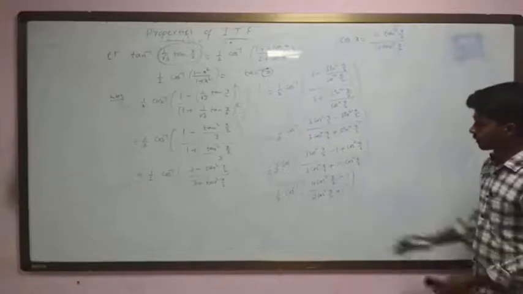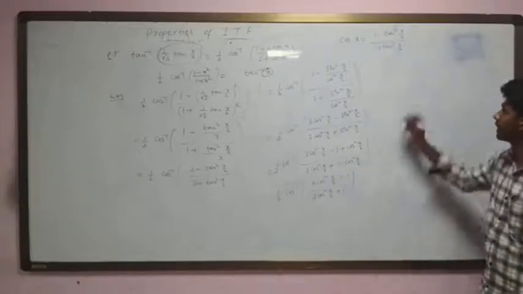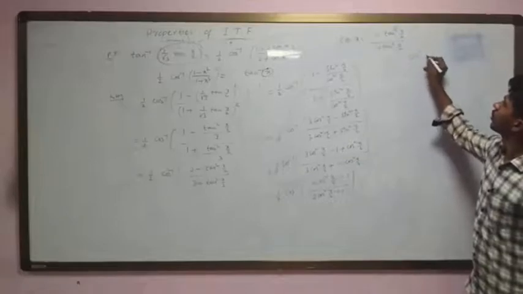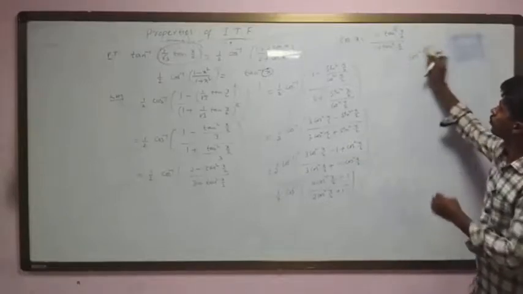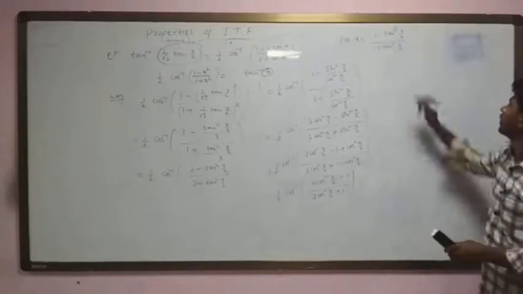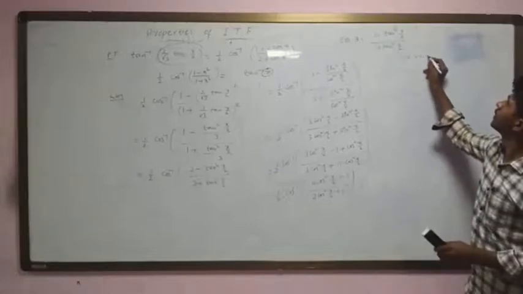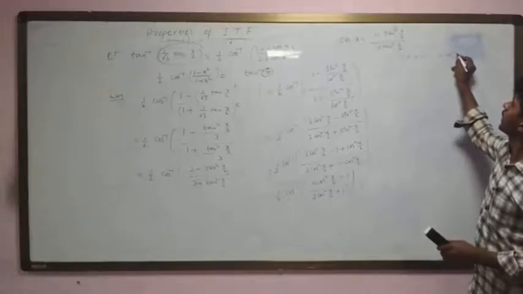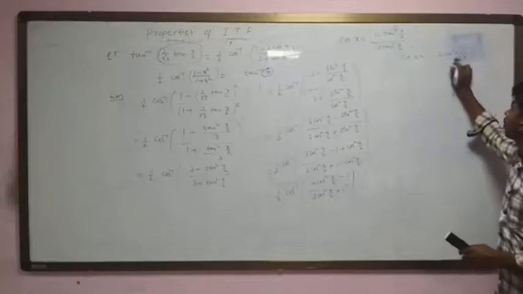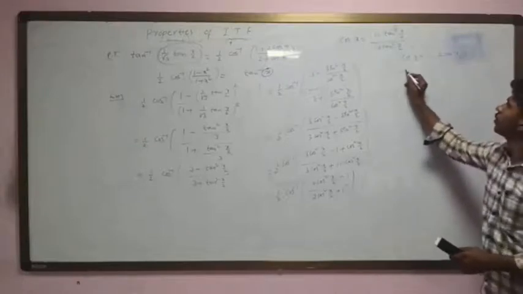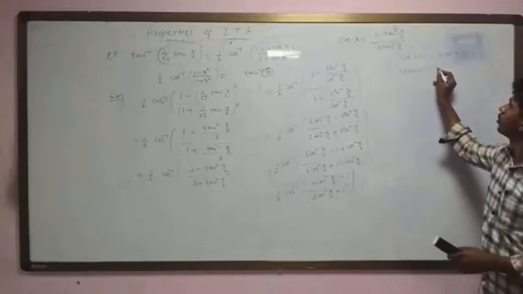So I go to the cos square x and cos x relation. Cos 2x is equal to 2 cos square x minus 1, so 2 cos square x can be written as 1 plus cos 2x.